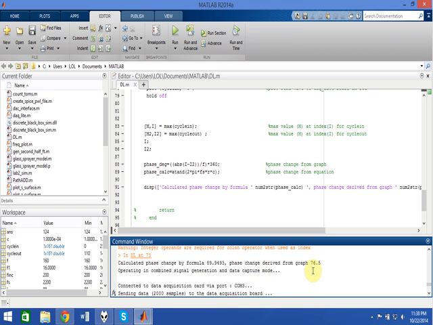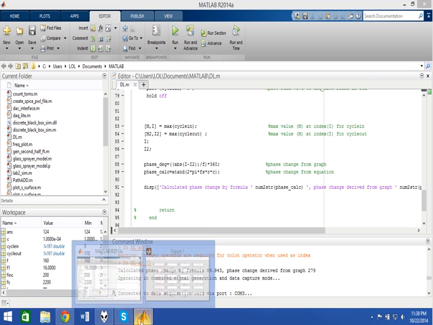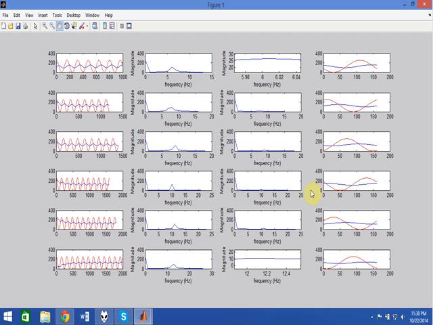You can see another value, 76, which was probably an index a bit earlier than it should be. I always get one very high value for phase angle by graph. That's because it's the third one. That's because my maximum value is a bit off.